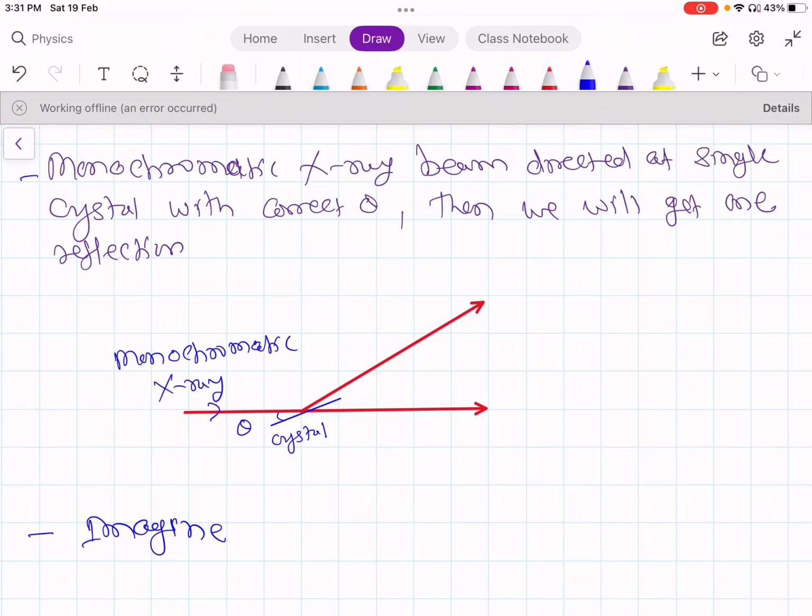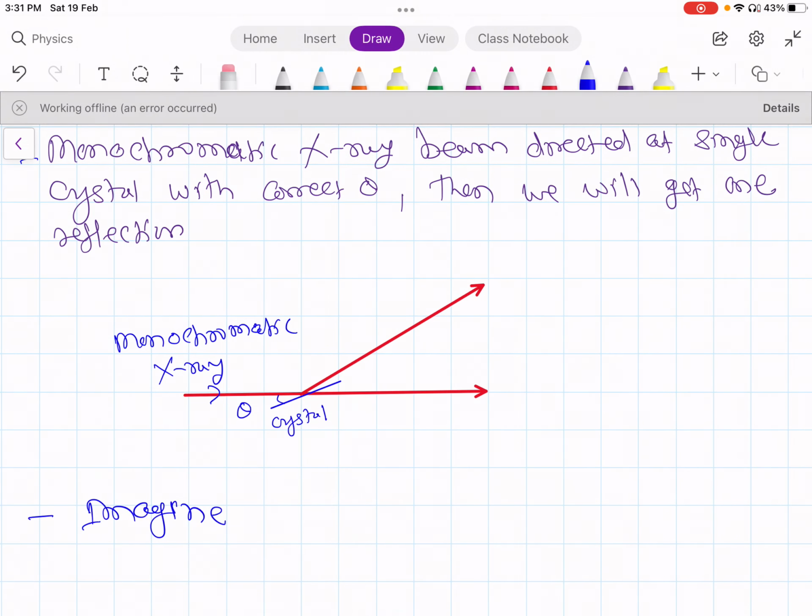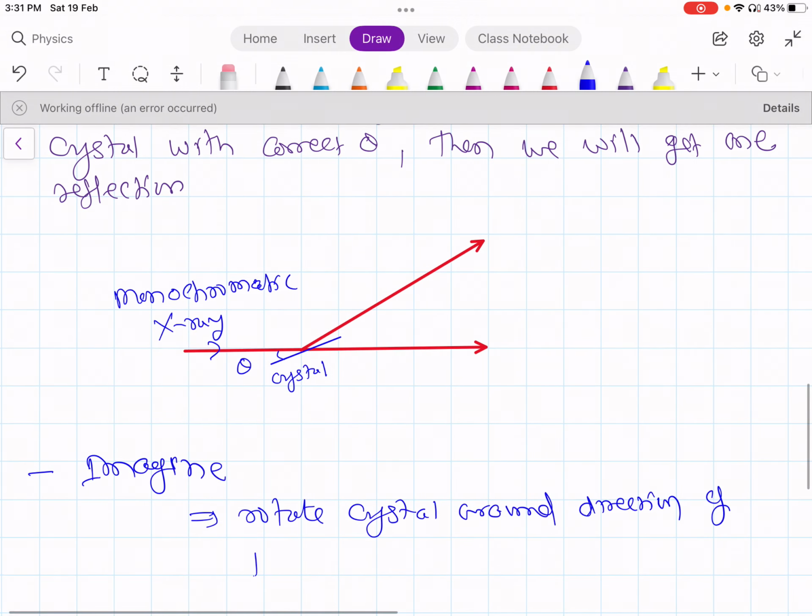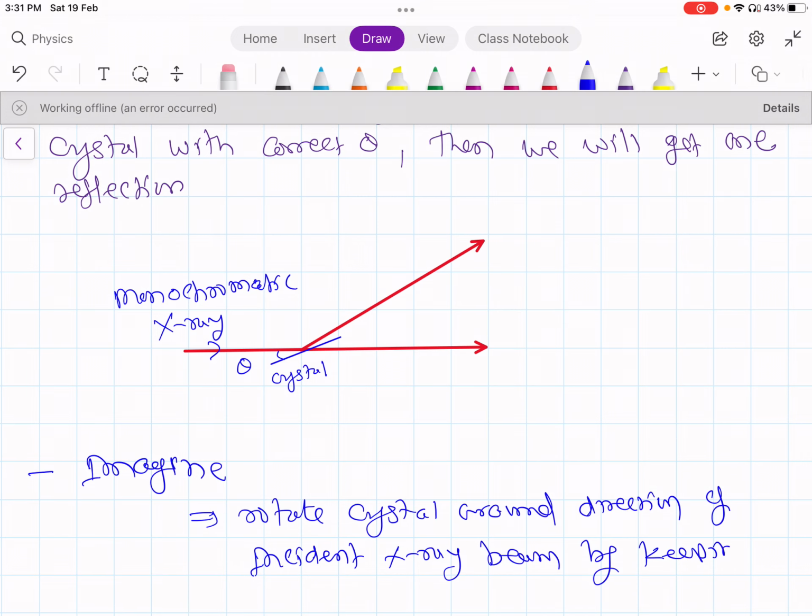Now imagine we rotate the crystal. What are we going to do? Rotate the crystal around the direction of the incident X-ray beam by keeping theta constant.